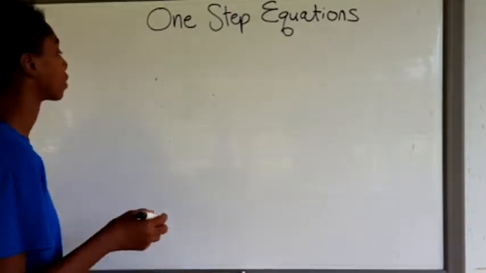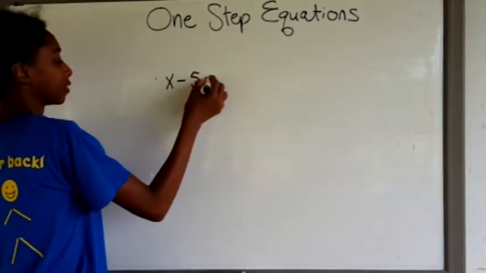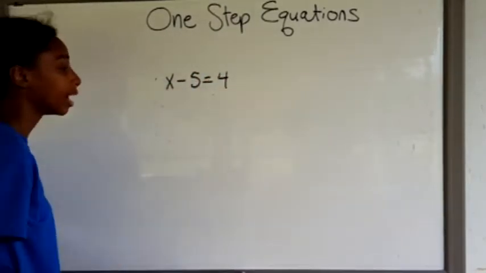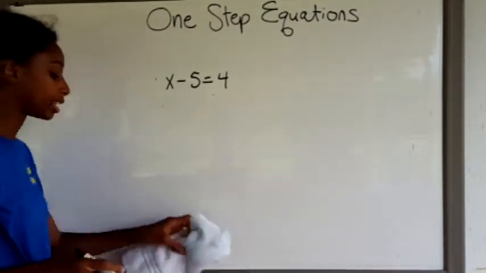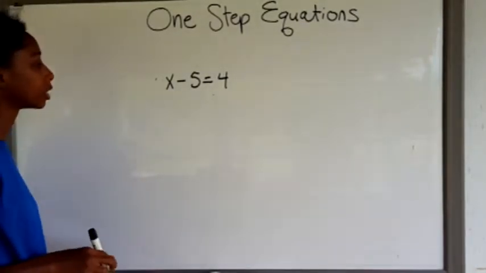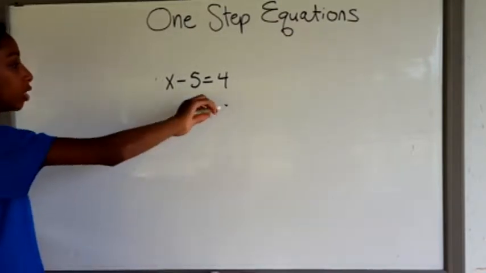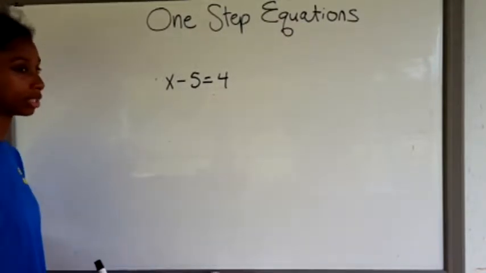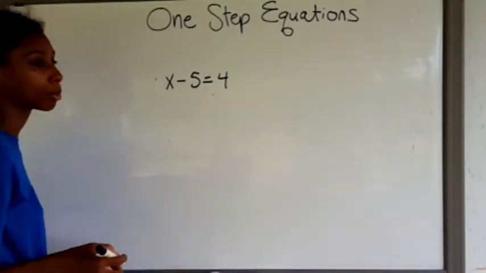X minus 5 equals 4. All right, so here we have x minus 5 equals 4. So now we're subtracting. So the question you're asking yourself is, what number can give us 4 when we take away 5 from it? All right, since it's subtraction, we're going to do the opposite.